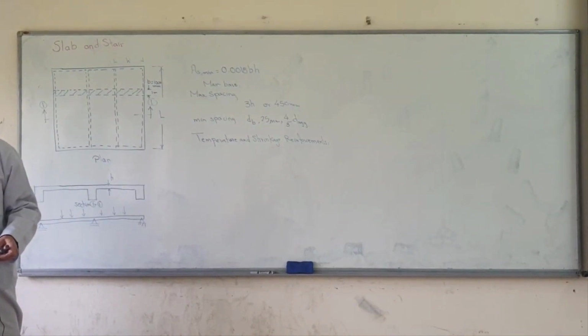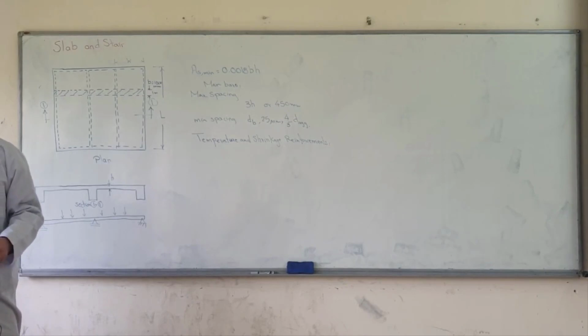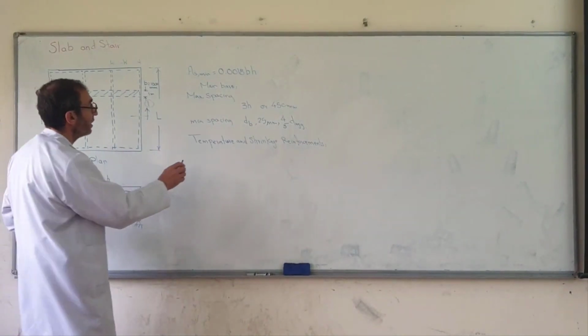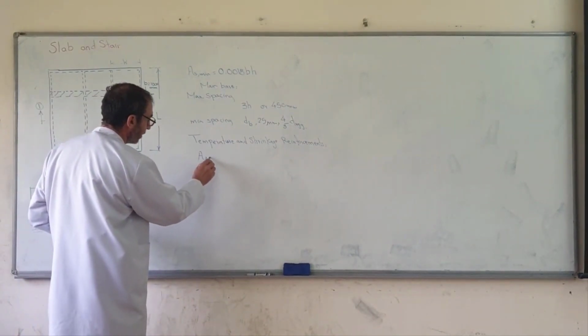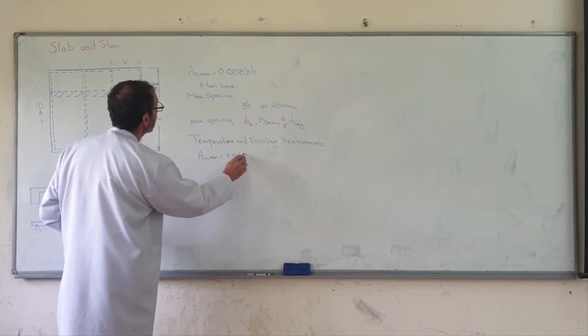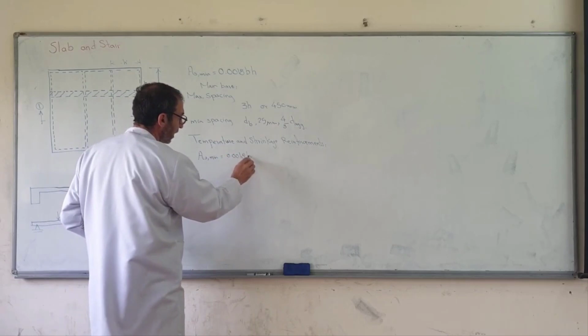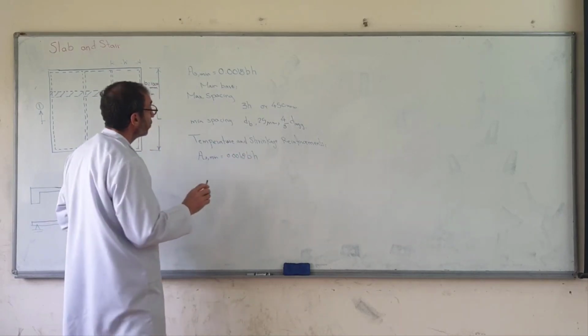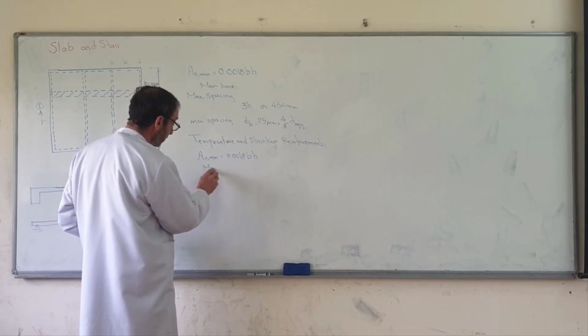According to the ACI, As minimum is 0.0018 b times h, and then there is a maximum spacing.